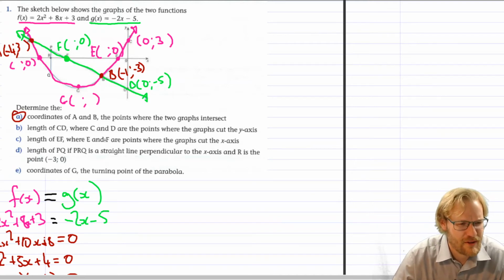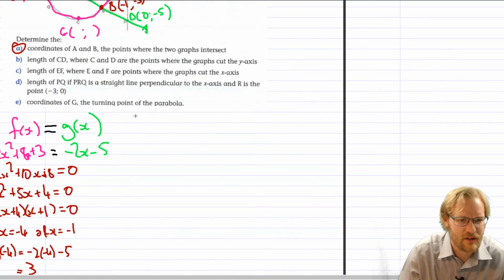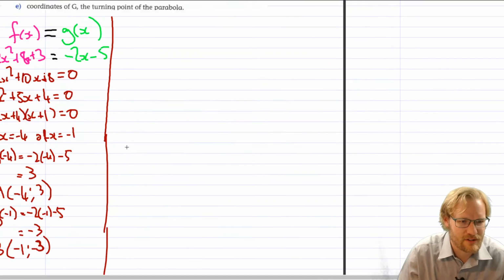Let's keep going down. The length of CD, where C and D are the points where the graphs cut the y-axis, respectively. Well, that's easy. We've kind of done that one already, so not too much to do here at all. Let's scribble down here to give ourselves space.